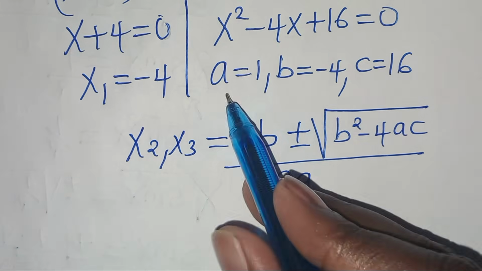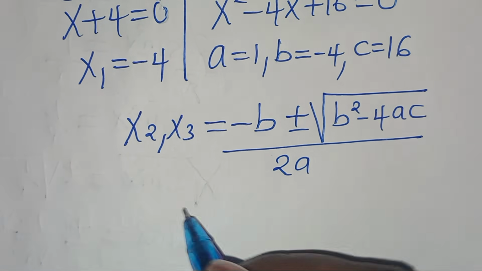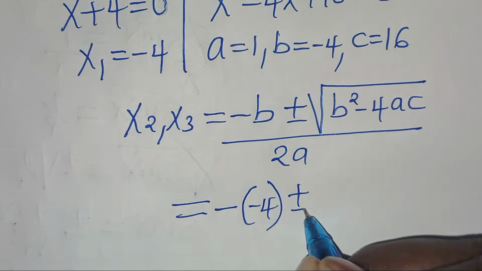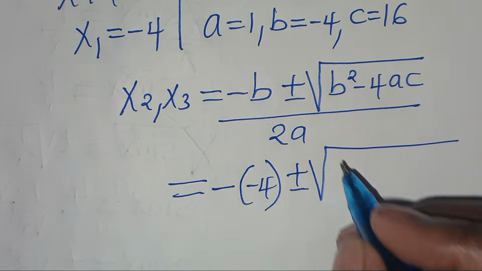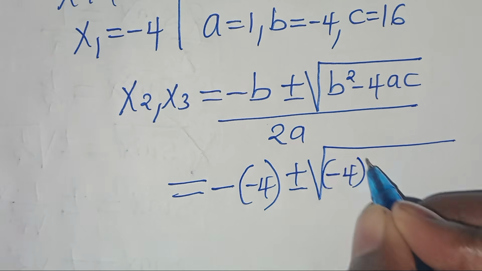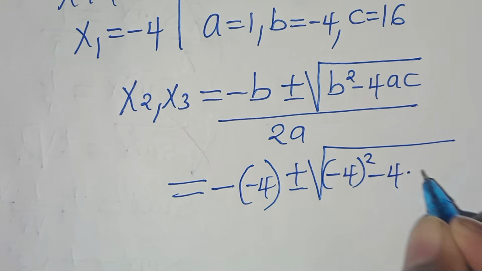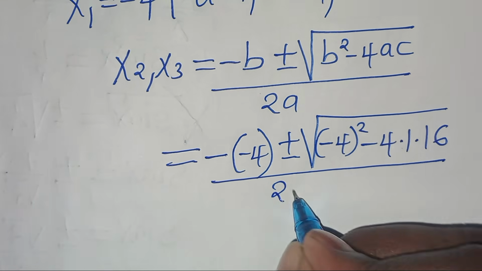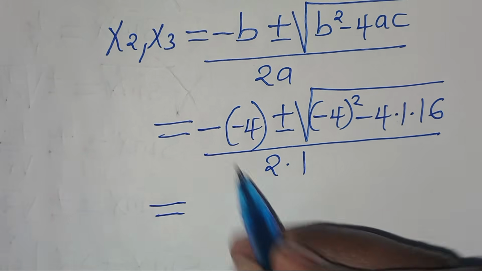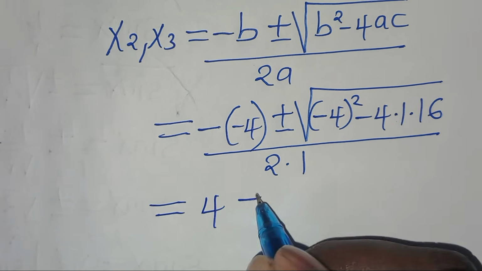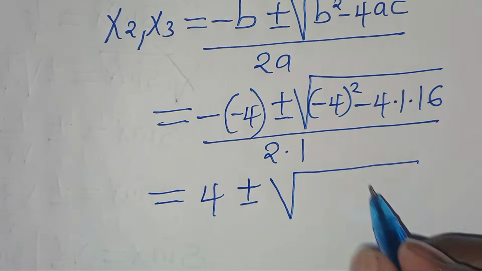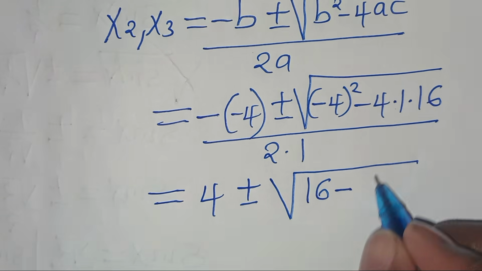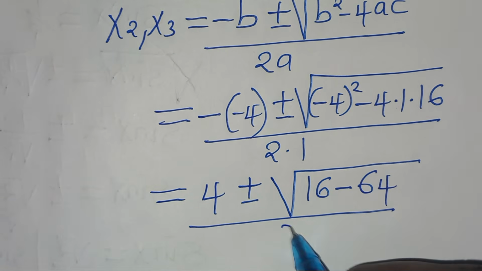Now let's substitute a, b, and c in this formula. This is equal to minus negative 4 plus or minus the square root of negative 4 raised to the power of 2 minus 4 times a, which is 1, times c, which is 16, everything divided by 2 times 1. So this is negative times negative 4, this is 4, plus or minus the square root of negative 4 squared, this is 16, minus 4 times 16, this is minus 64, divided by 2.